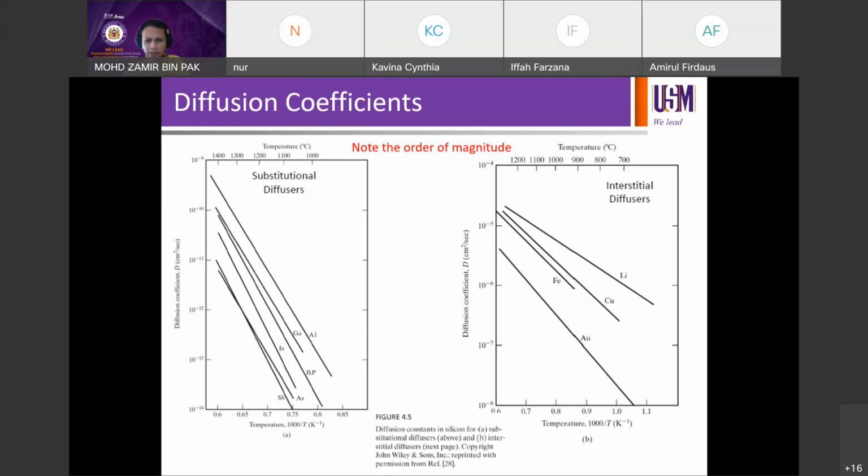So if you compare the magnitude between substitutional and interstitial diffusers, which one has the higher magnitude of the diffusivity or diffusion coefficient? Is it the substitutional or the interstitial?